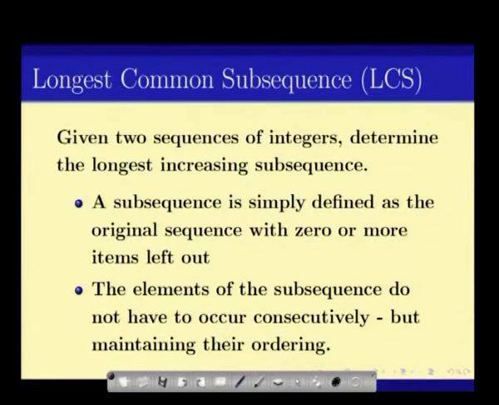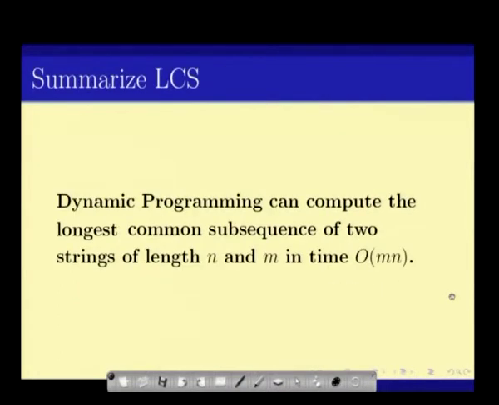We saw in the last lecture that one can use dynamic programming and compute the longest common subsequence of two strings of length n and m in time order n m. I will now give you a very simple algorithm using this longest common subsequence algorithm to compute the longest increasing subsequence.